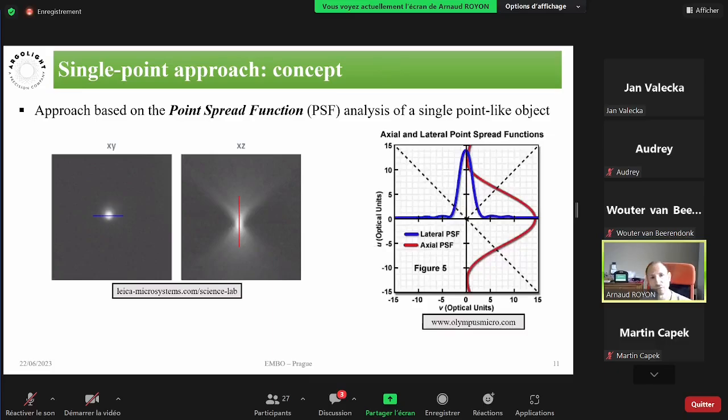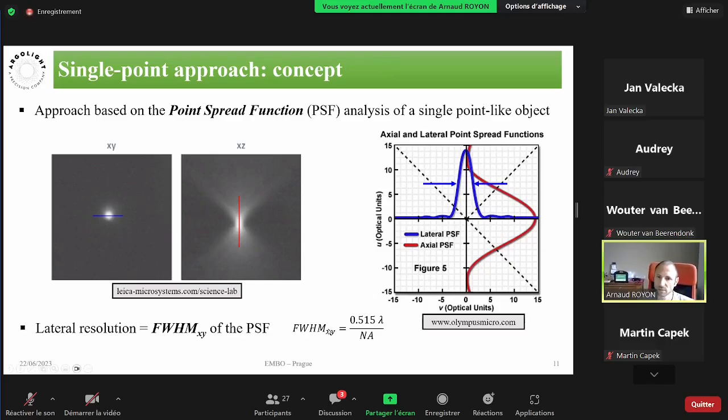And to measure the resolution, basically you draw intensity line profiles and you measure the full width at half maximum of the lateral PSF. And in that case, the theoretical full width at half maximum is given by this formula with a coefficient of 0.515.